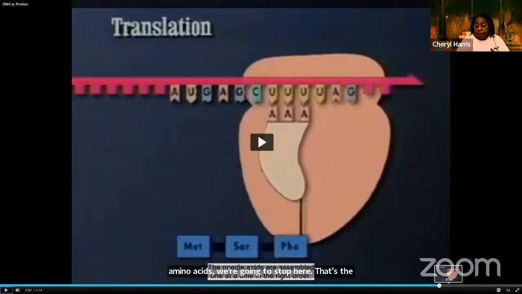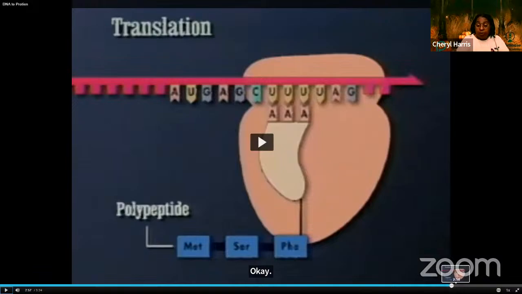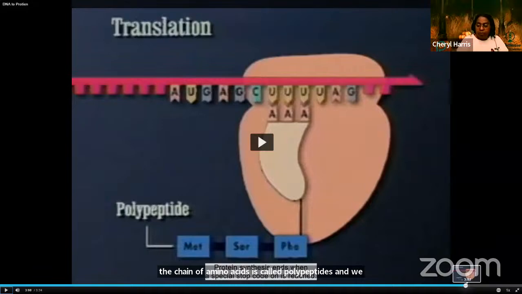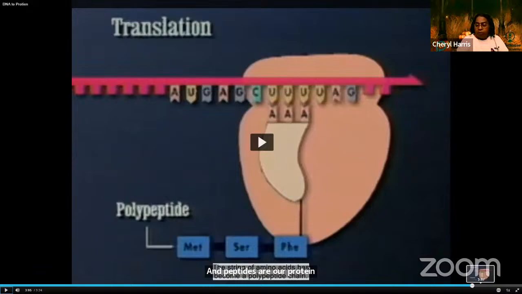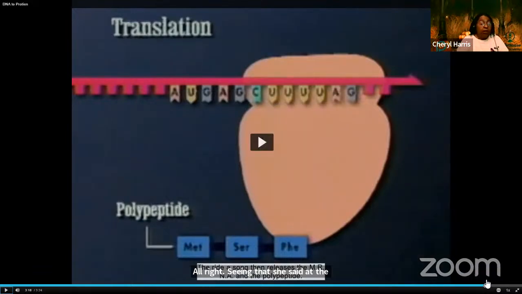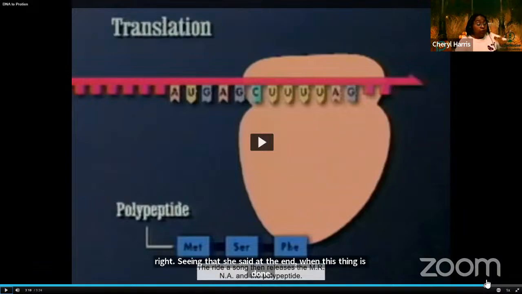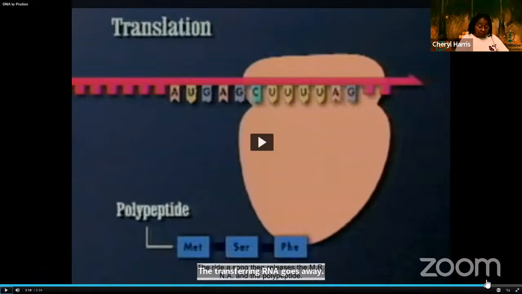Okay. All right. Once it's gotten to that part, like you said, the chain of amino acids is called a polypeptide, and we used that term before, poly meaning many. And peptides are our protein amino acids. All right. The thing that she said at the end: when this thing is done, the transfer RNA goes away. It waits till it's time for it to do a job again.